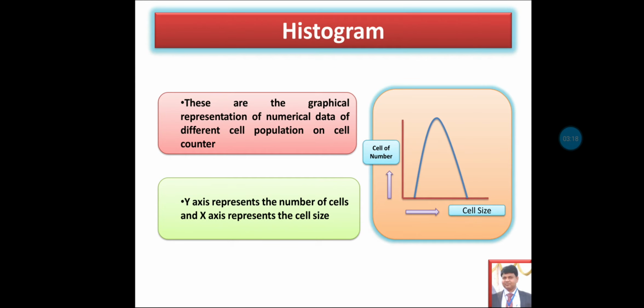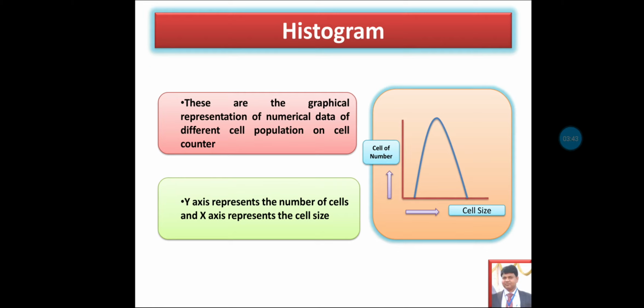If we go through the histograms, histograms are the graphical representation of numerical data of different cell populations on the counter. On the y-axis we have the cell numbers, and on the x-axis we plot the cell size. So this is how a simple histogram is generated.